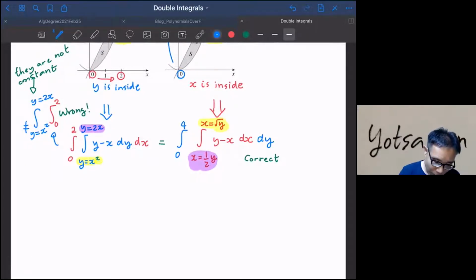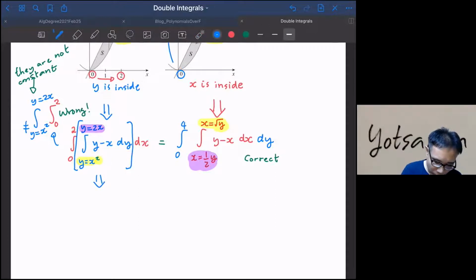So let me first evaluate the inside. When we see something like this, we compute the inside integral by integrating dy. So you integrate y minus x dy.